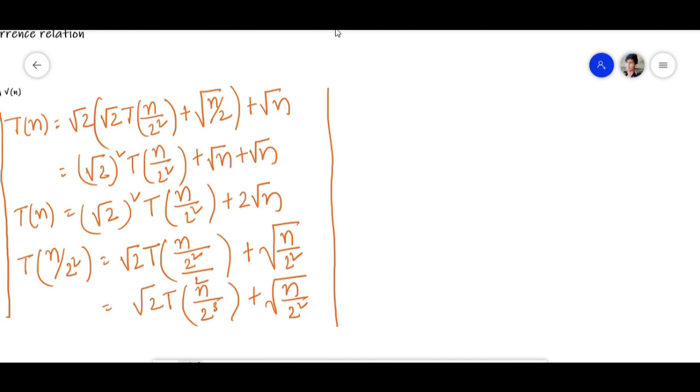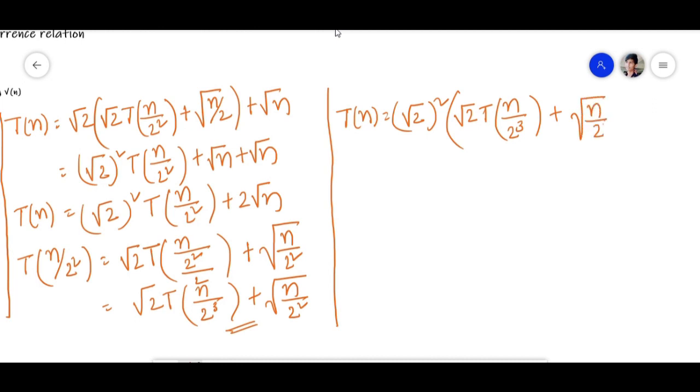Now substitute T of n by 2 square in the original recurrence equation, that is T of n equals root 2 whole square into, in place of T of n by 2 square, we substitute root 2 into T of n by 2 cube plus root of n by 2 square, plus 2 root n.